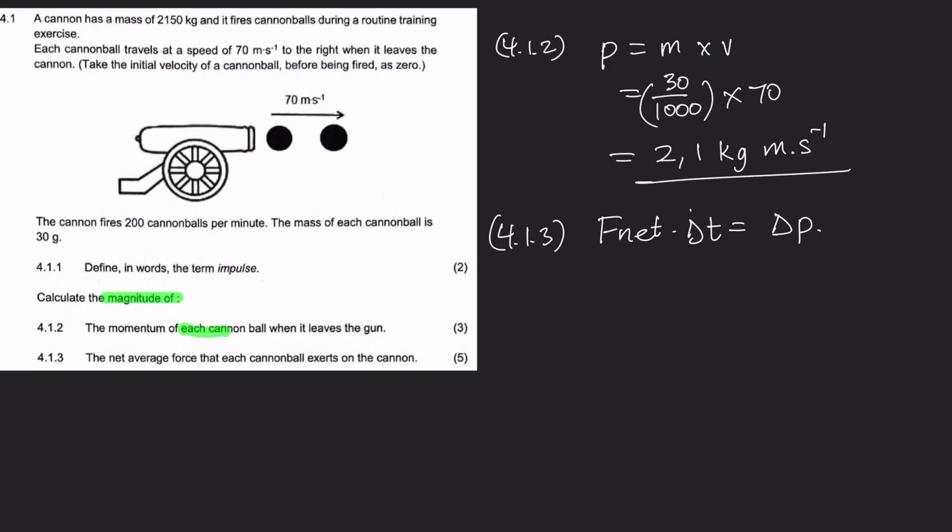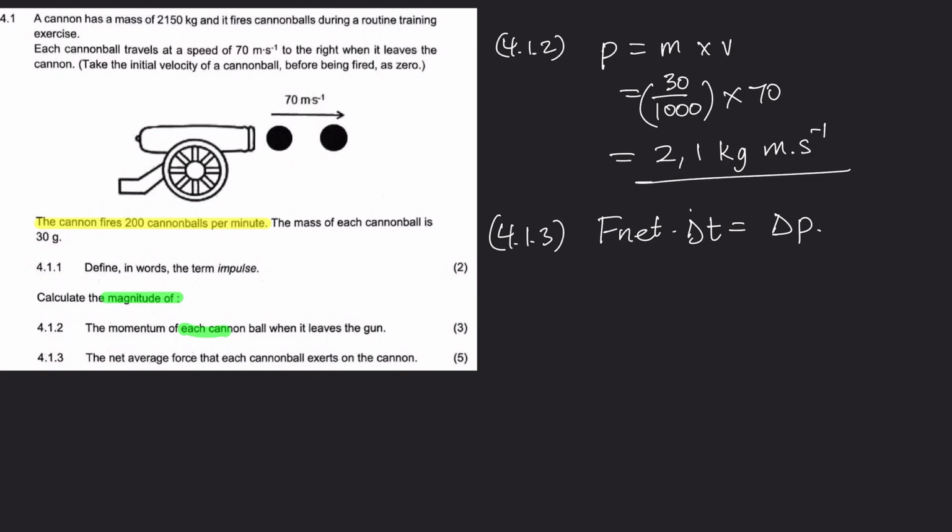So let's think about what information they gave us. Maybe we can extract some information from there to help us with the time. It has to do with this sentence right here: the cannon fires 200 cannonballs per minute.